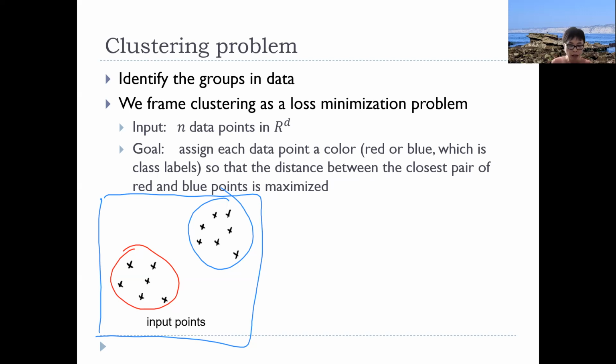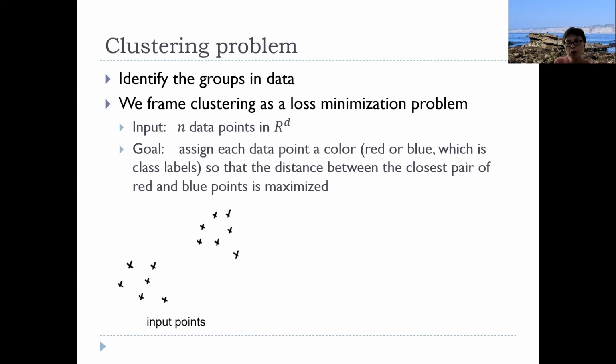Remember that one way to model this clustering problem is that I want to assign each node a color. Suppose we want to find two clusters. Then I want to assign each data point a color, say red or blue. That's a class label, so that you get a good clustering. Basically you want to make sure that these two groups are separated as much as possible.